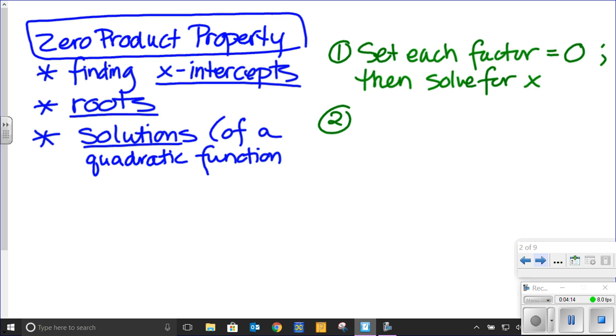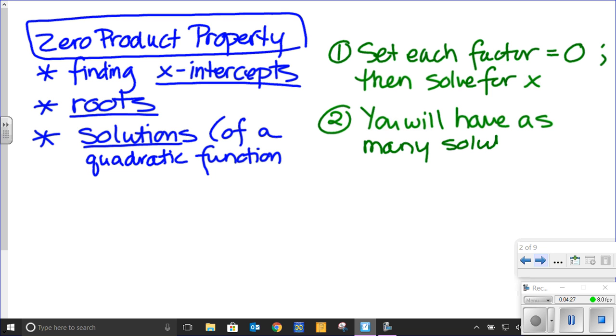One thing to keep in mind, you will have as many solutions as there are factors. So on that first example on the first page, we had 2 factors and then 3, so we would have 2 solutions and then 3 solutions. All right, so let's do an example here. Example number 1.